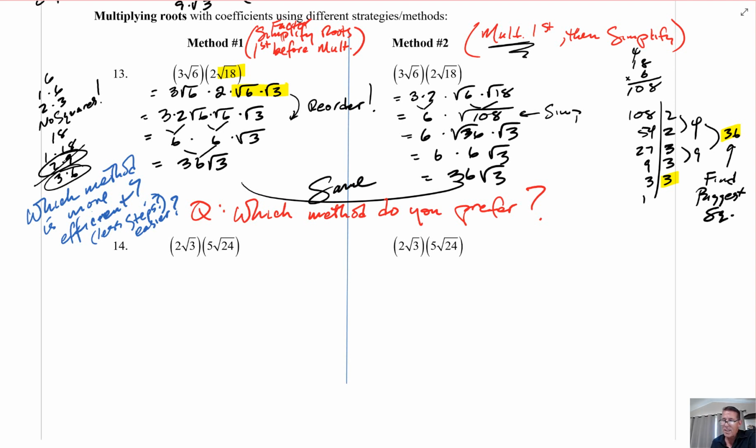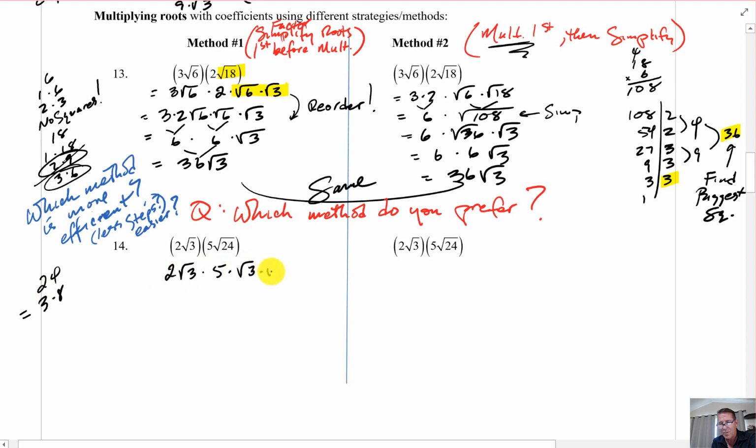All right, number 14, here we go. Method 1, so let's just, in 24 there's a factor of 3. I know that 24 is 3 times 8. So watch this, I get 2 root 3 times 5 times root 3 times root 8. I'm factoring first.